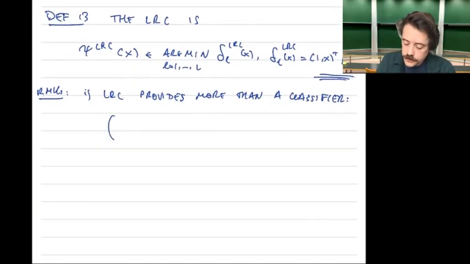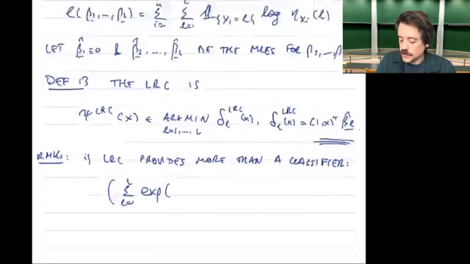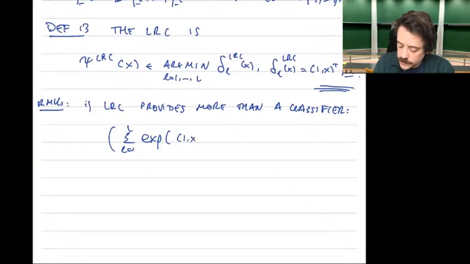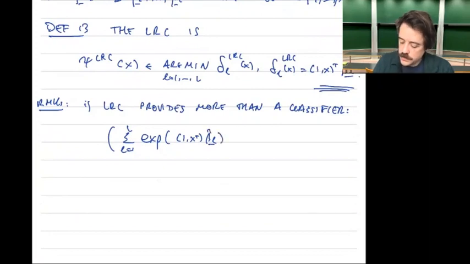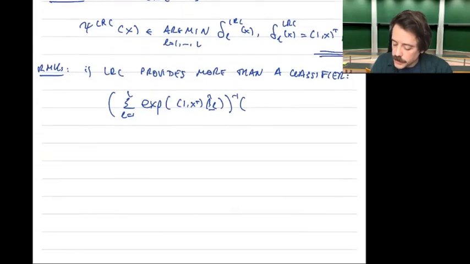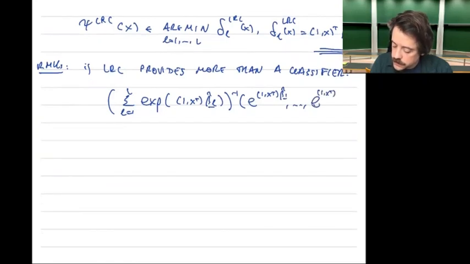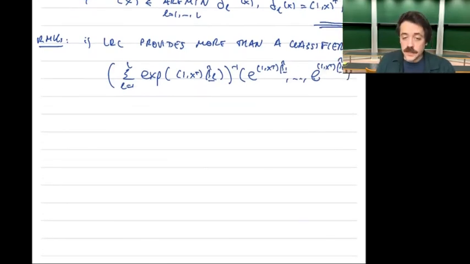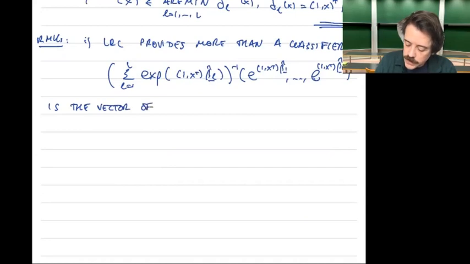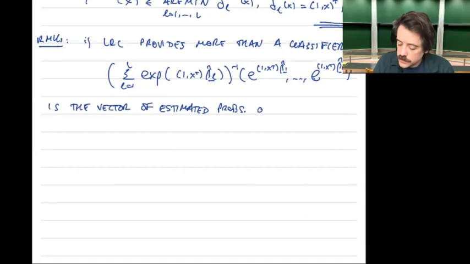What we have is that these quantities here, the exponential of x beta L, to the -1, if we multiply this by each of the numerators, then these give the vector of estimated probabilities of x being in each class.